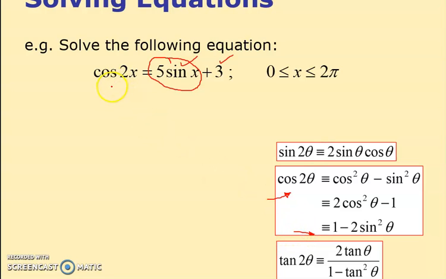So rather than cos 2x, I'm going to write 1 minus 2 sine squared x equals 5 sine x plus 3. Now I want to get these onto one side. I might as well move everything to the right because this is negative. If I do that, I get 2 sine squared x plus 5 sine x, that 1 becomes minus 1, so plus 2 is equal to 0.